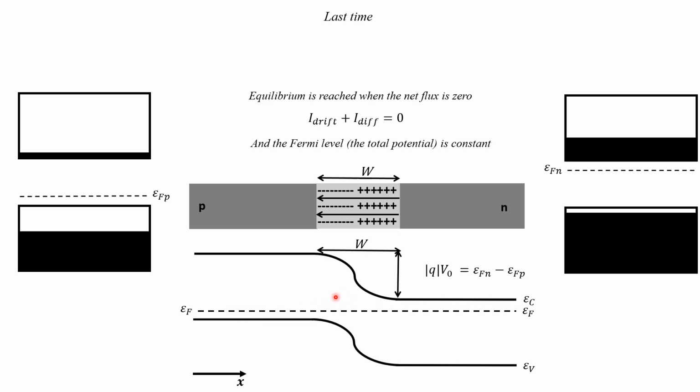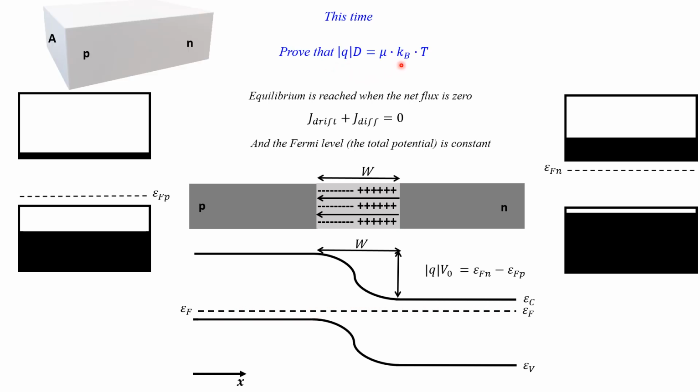And recall that this happens because there is the creation of this electric field. So there is an associated electrostatic potential difference, which compensates the initial chemical potential difference in such a way that the Fermi level, which is the total potential, the electrochemical potential, is constant across the junction.